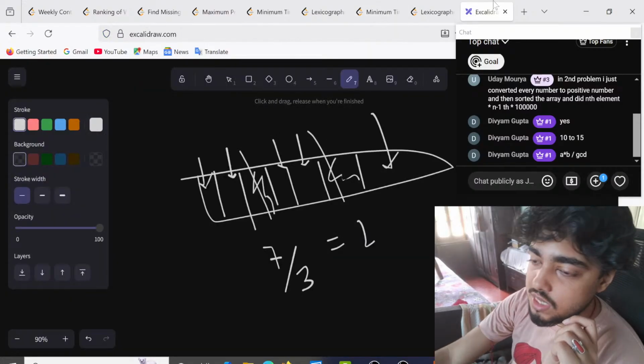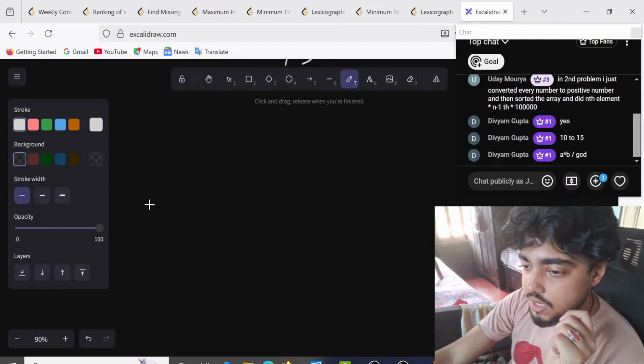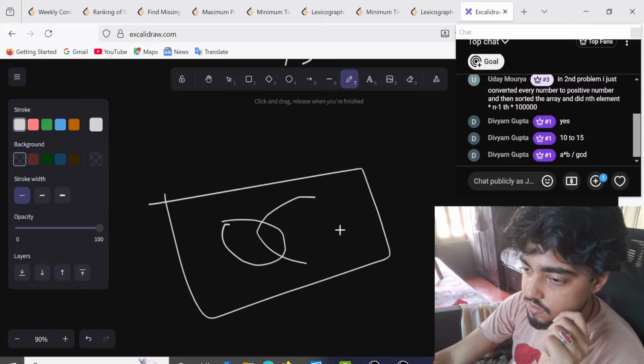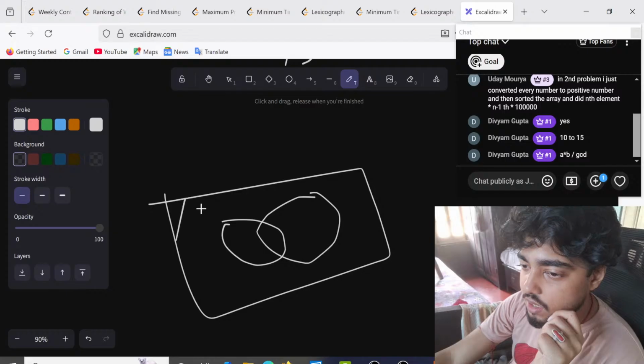For this you need to understand sets. You know what is a set? Let's say there is a whole thing like this and this is there. Okay. So how would you find out this area?